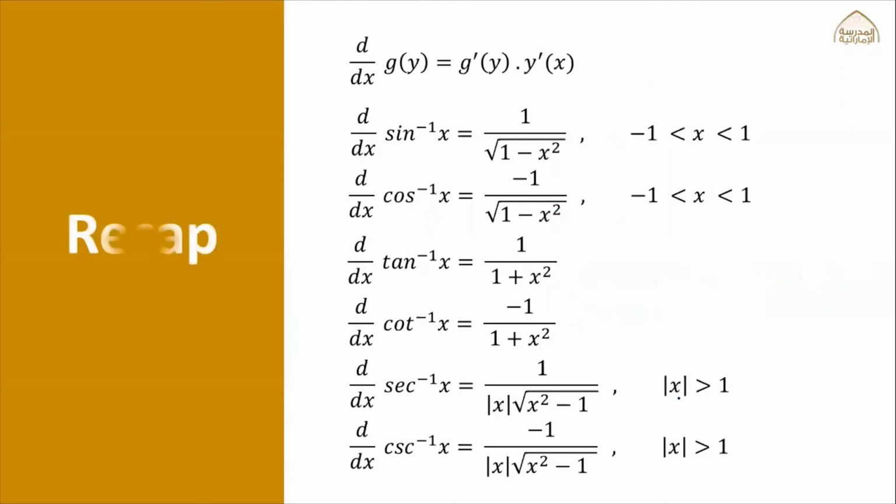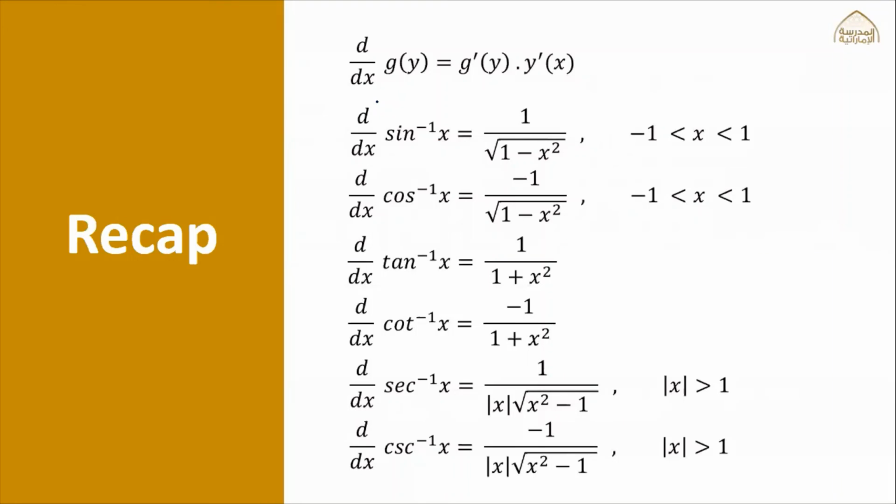Now we have a recap for this lesson. Don't forget our derivative rules in this lesson. d by dx of g(y), as a chain rule, is g prime of y times y prime of x. The derivative of sine inverse is 1 over radical 1 minus x squared, with x between minus 1 and 1. Cosine inverse is negative 1 over radical 1 minus x squared, also with x between negative 1 and 1.